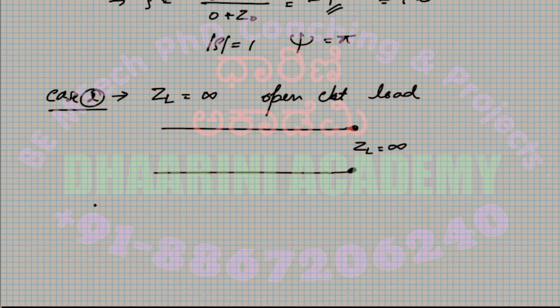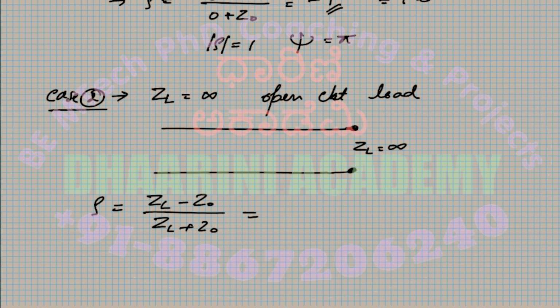Okay, now let us do the calculation. So rho is equal to ZL minus Z0 by ZL plus Z0. What is the value of rho we are expecting here? Before you make the substitution, take ZL common from numerator and denominator.